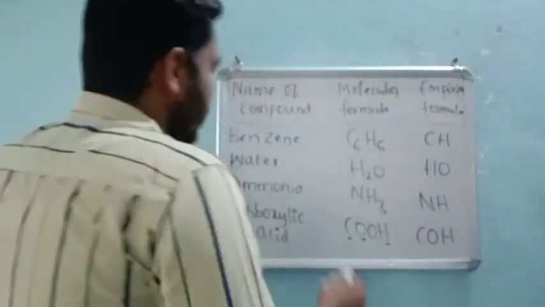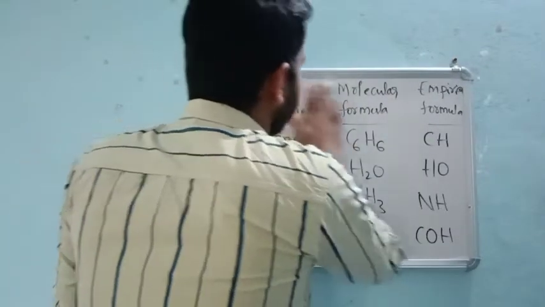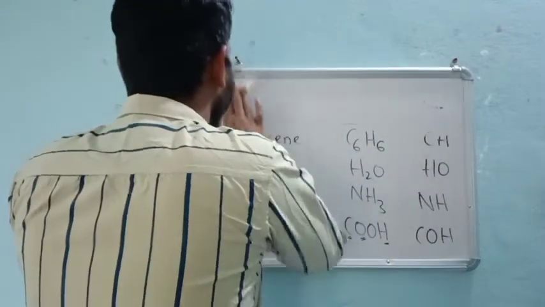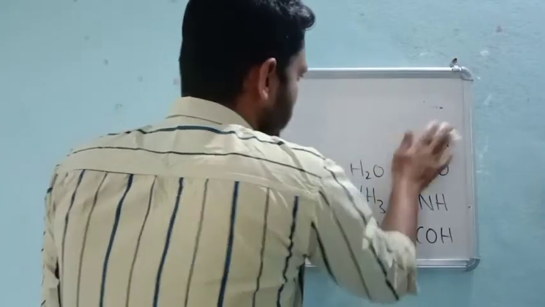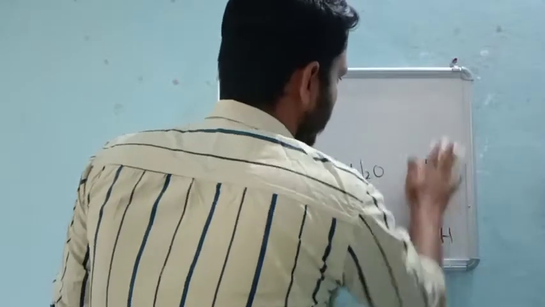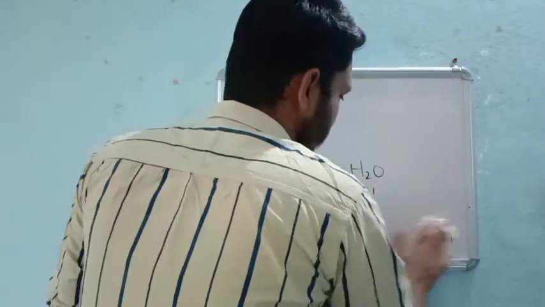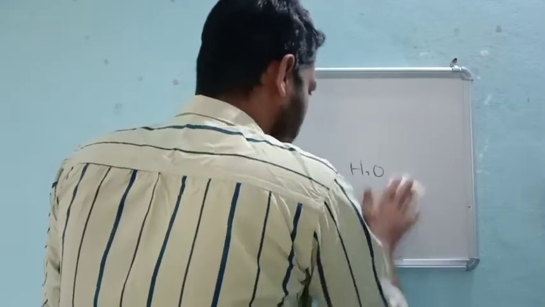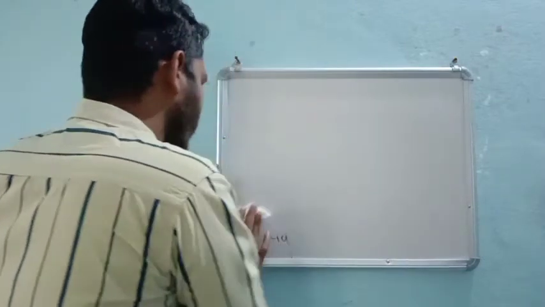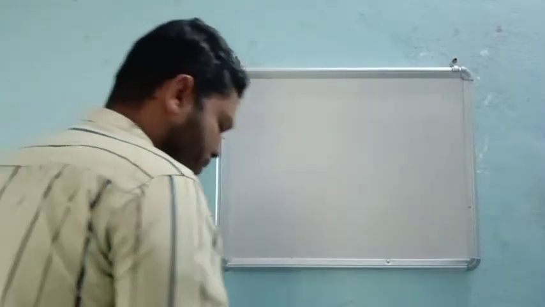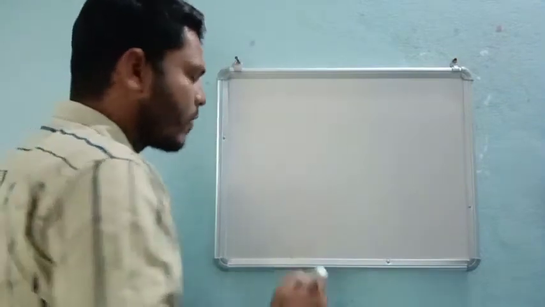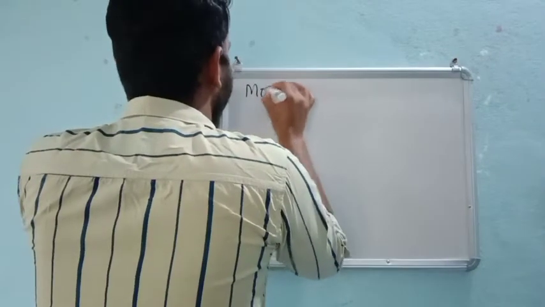So now some formulas are there on these two. We have to remember. So for these, based on the empirical as well as the molecular formula, we have some problems.